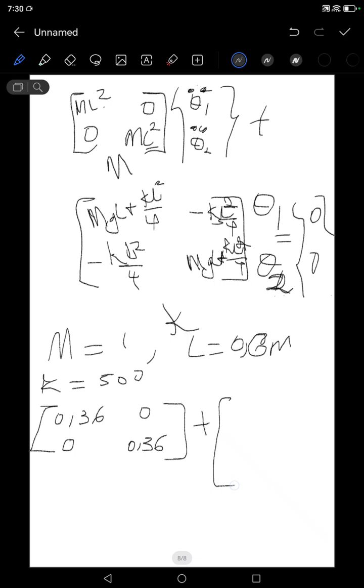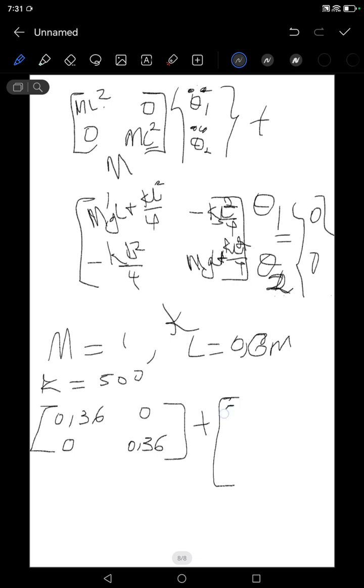Plus here we write the stiffness. It's 1 multiplied by 9.81, where 9.81 is the acceleration due to gravity g, multiplied by the length, 0.6 meters, plus 500 multiplied by 0.6 squared divided by 4, which gives 50.8.